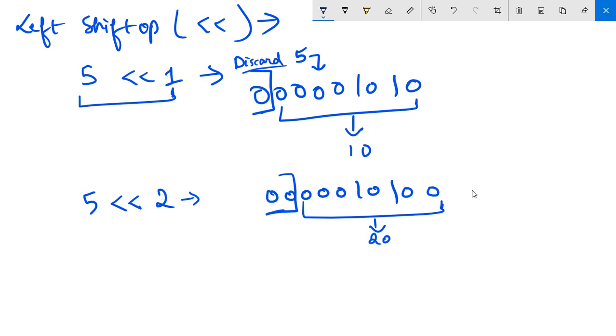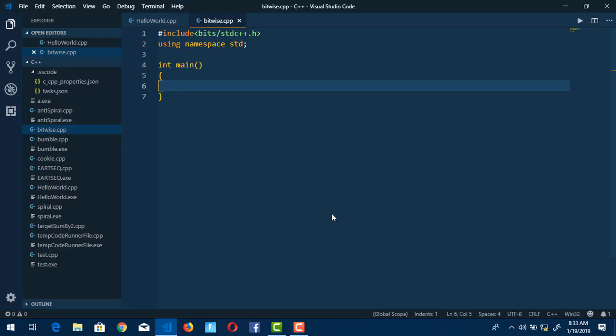Let's look at the code of this. What we saw in the examples were cout of 5 left shift 1, and then 5 with a left shift of 2.